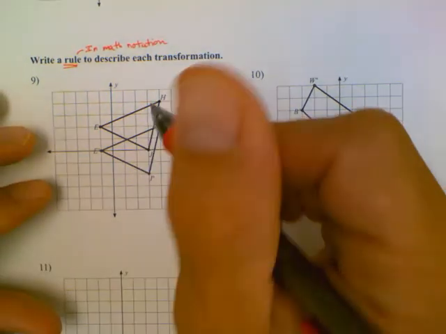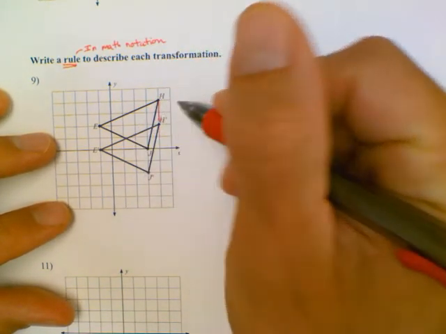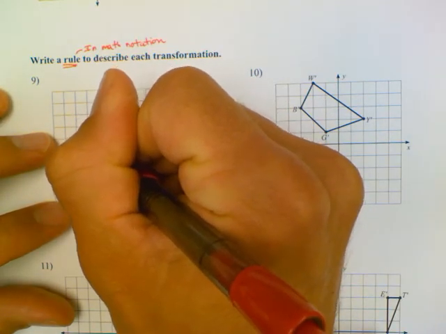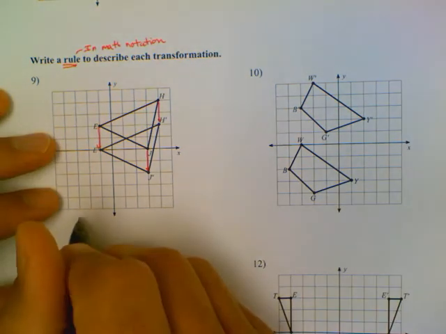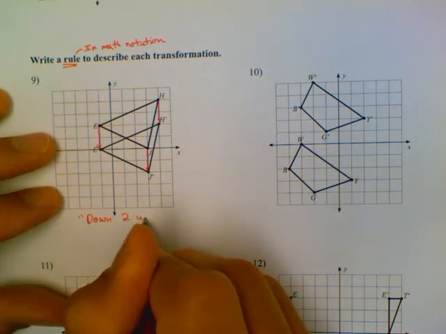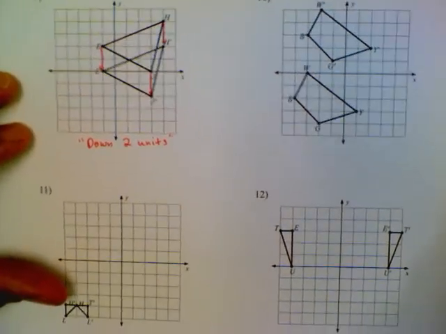All right, so now I need to go, let's see, H goes to H prime. It looks like it goes down 2 units, down 2 units, and down 2 units. So you can kind of hear me saying the words down 2 units, but I need to turn that into mathematical notation.